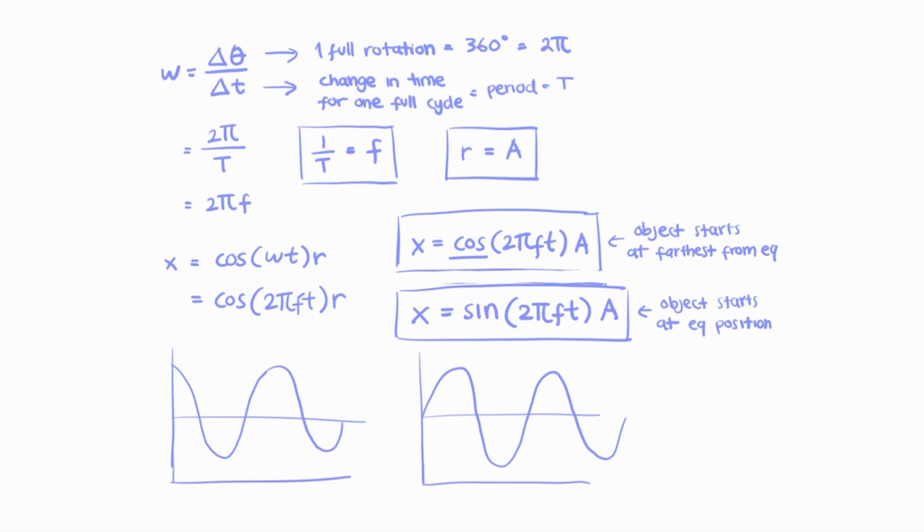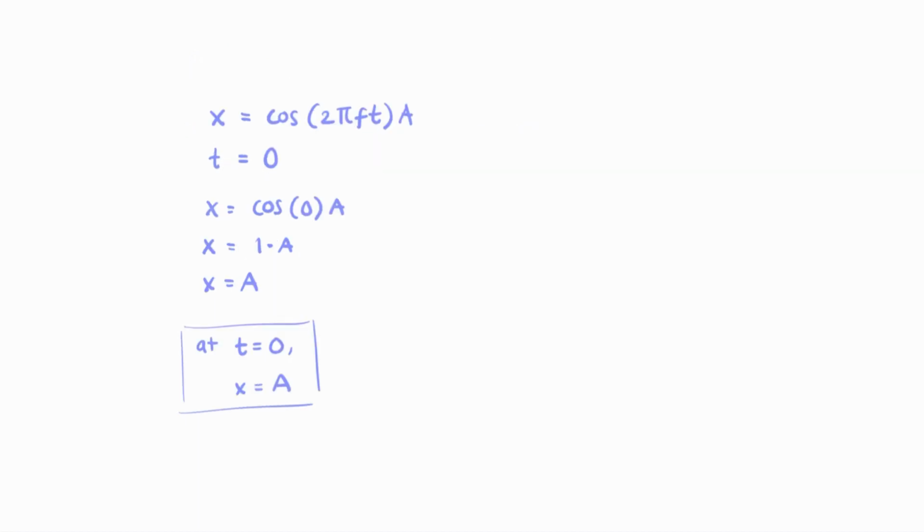This is because when the time is equal to 0, when we use the cosine function, the cosine of 0 is 1, meaning that the x position of the object will equal the amplitude or the radius of the circular path. This means that if we are using the cosine equation, when time equals 0, the position of the object has to equal the amplitude or its max position.